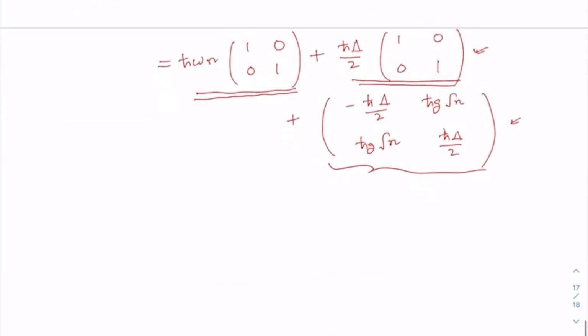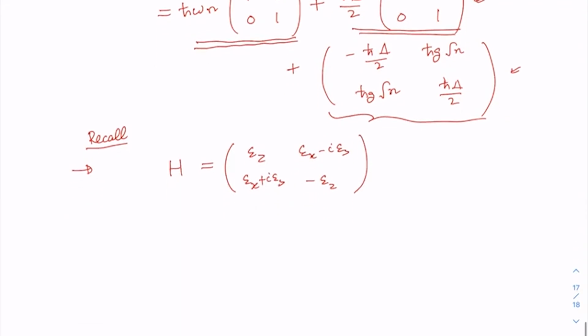So let us do that, but actually we need not do that, because already from module 1, when we discussed the two-level atom, you just recall that when we wrote down this Hamiltonian for the two-level atom, epsilon z, minus epsilon z, epsilon x plus i epsilon y, epsilon x minus i epsilon y, there we saw that the eigenvalues of this Hamiltonian we worked out, and that was mod epsilon, equal to plus minus square root of epsilon x square plus epsilon y square plus epsilon z square.